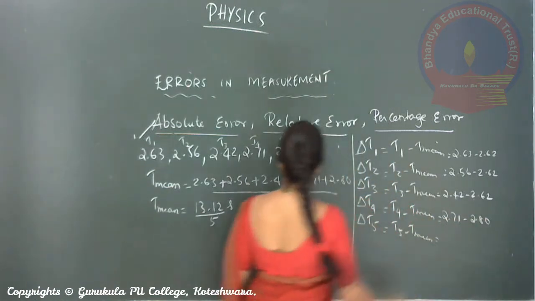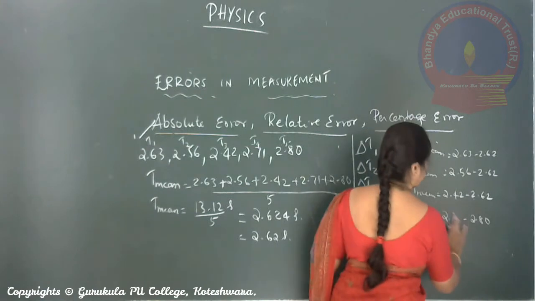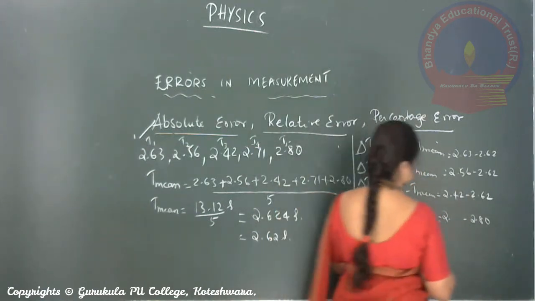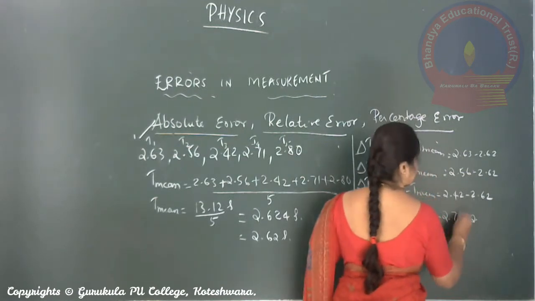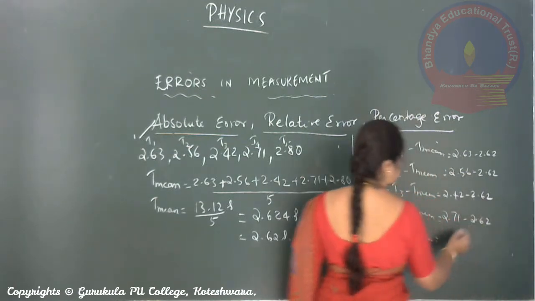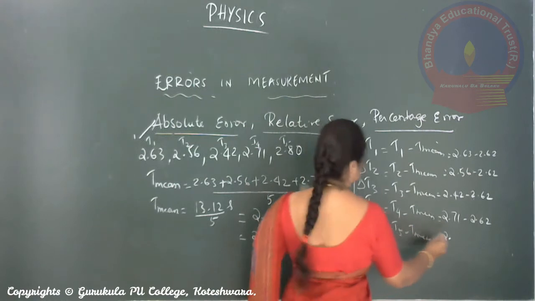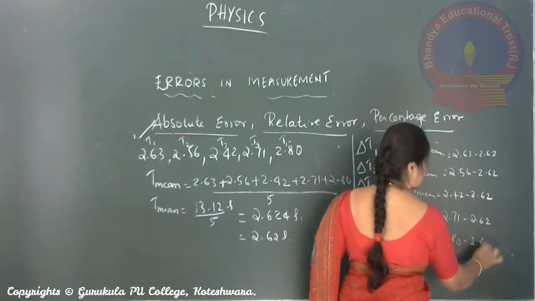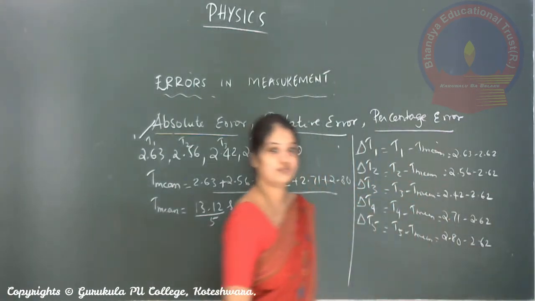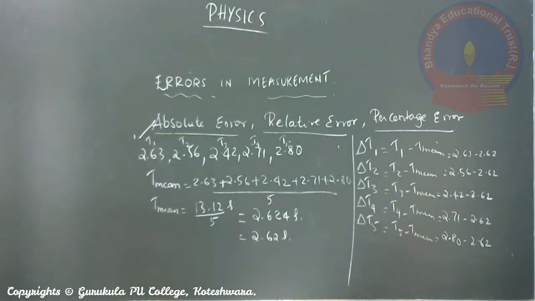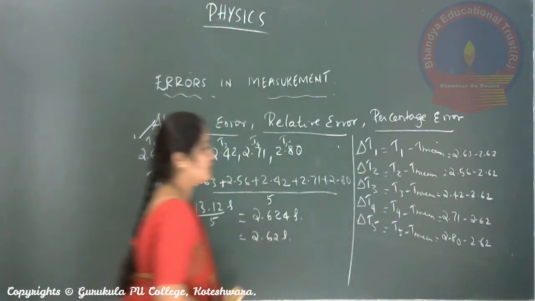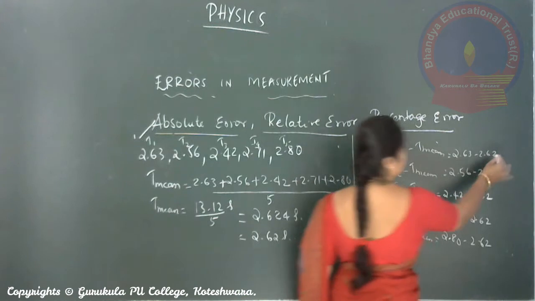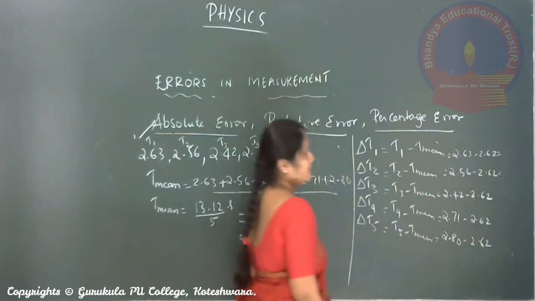Sorry, then 2.71 minus 2.62 and 2.80 minus 2.62 I will have. Okay, next I am going to find the difference over here.